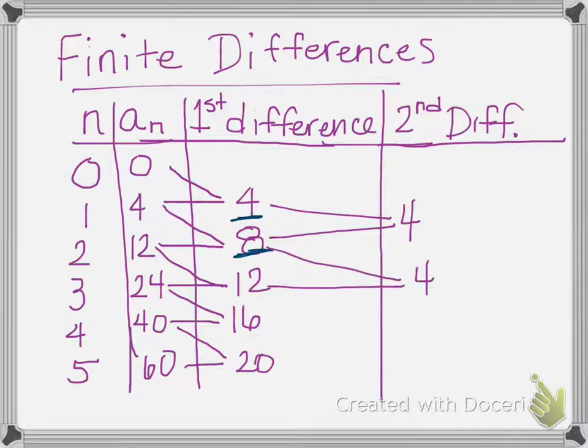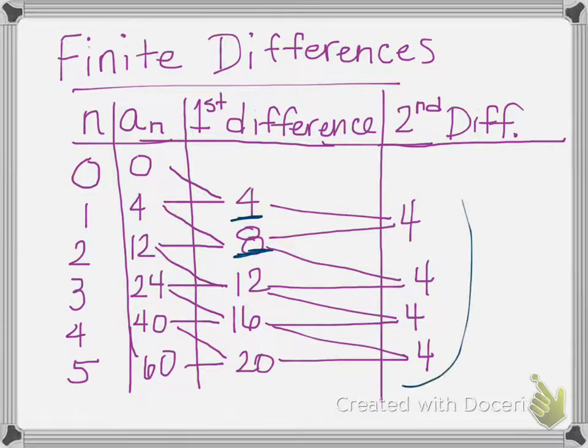And then I do 12 minus 8 is 4, 16 minus 12 is 4, 20 minus 16 is 4. They're all the same. So that question is asking you to keep taking the differences until you get a column like this where all the differences are the same. Now, this isn't always going to happen. That question is telling you that that's going to happen for you.